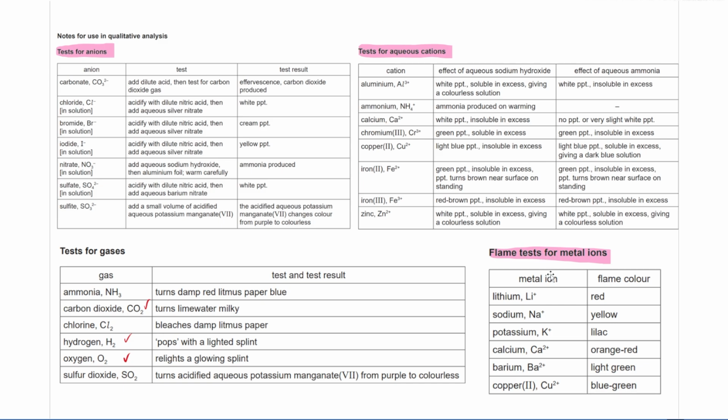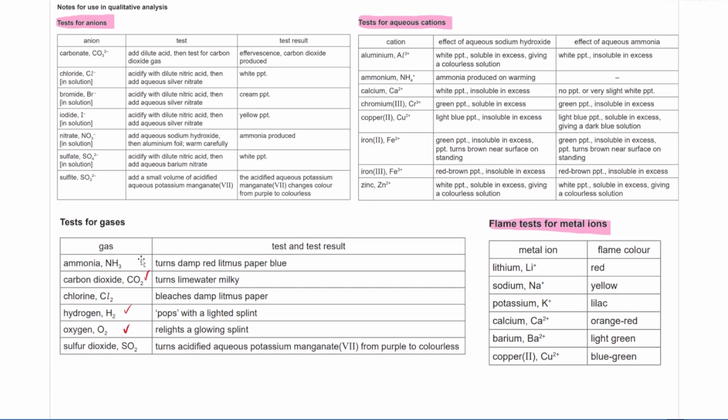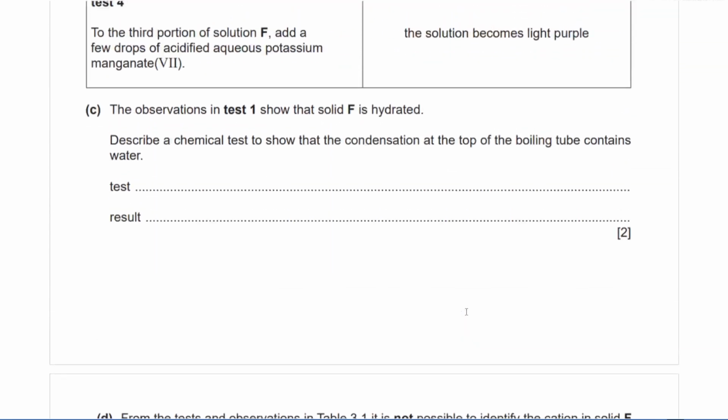So we have to put the substance into the Bunsen burner, into the flame, and look for the color of the resultant flame. We also have the tests for gases, which we have covered in the syllabus. So these are more familiar. So now let's go back to our exercise.